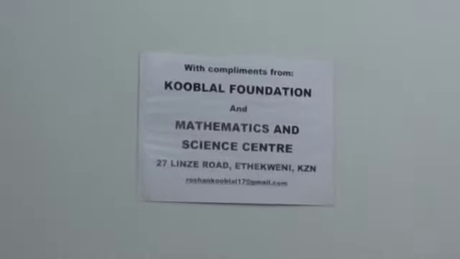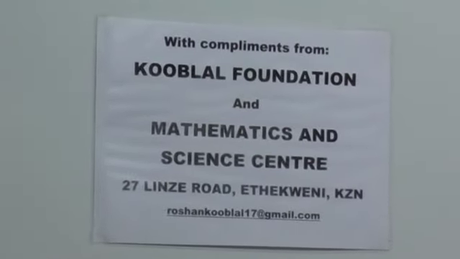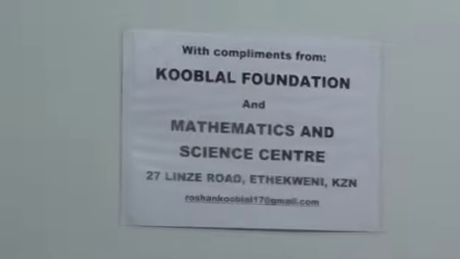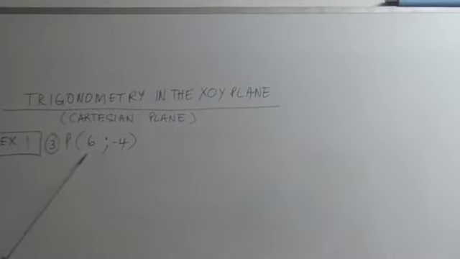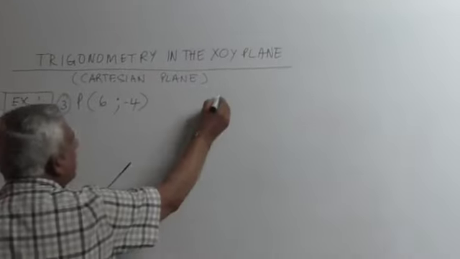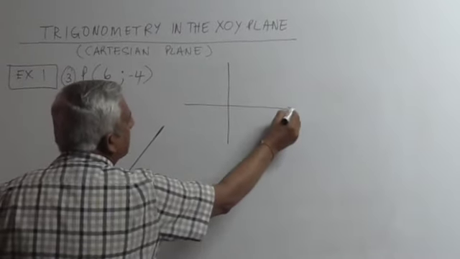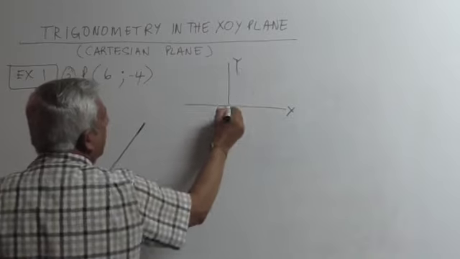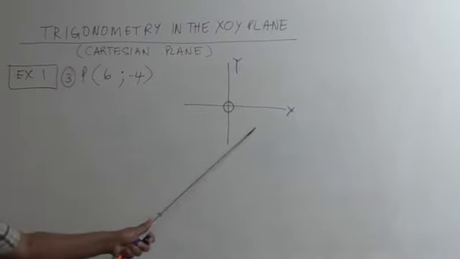Now let's see, number 3, what point we were given. In number 3, we were given the point P (6, -4). So once again, we draw our Cartesian plane. There's your x-axis, there's your y-axis, there's your origin. (6, -4) is in the 4th quadrant.